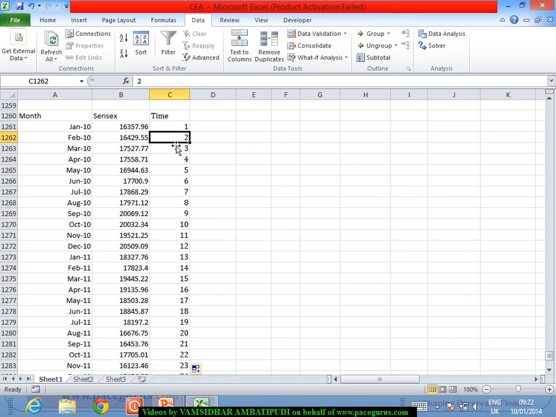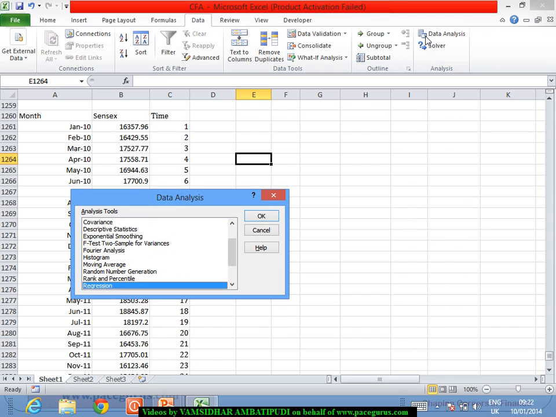Now we can do the regression taking this as the independent variable and our actual variable as the dependent variable, and based on this create a regression equation. That is the first thing we typically check for the presence of a linear trend in the variable.